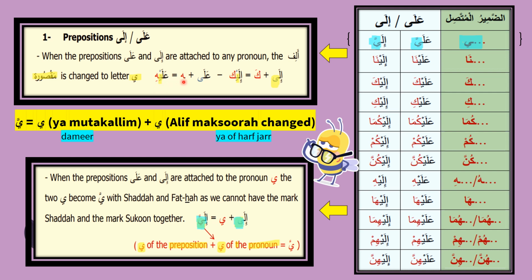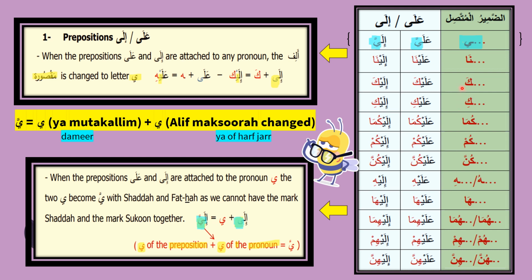And why does this hu have a kasra? Because of the sound rules, the moment you see the previous letter is a ya, the coming damir will change its haraka to kasra. This happens only with the ghaib pronouns, not with the mukhatib.